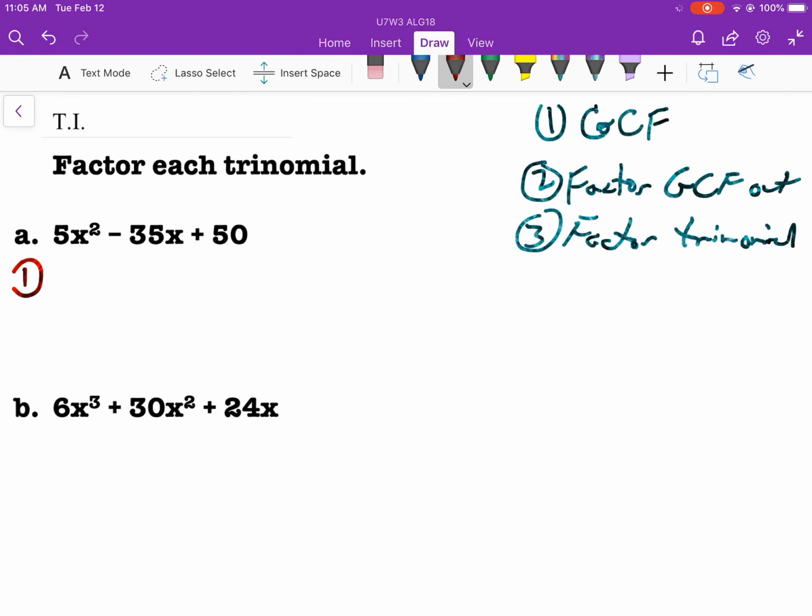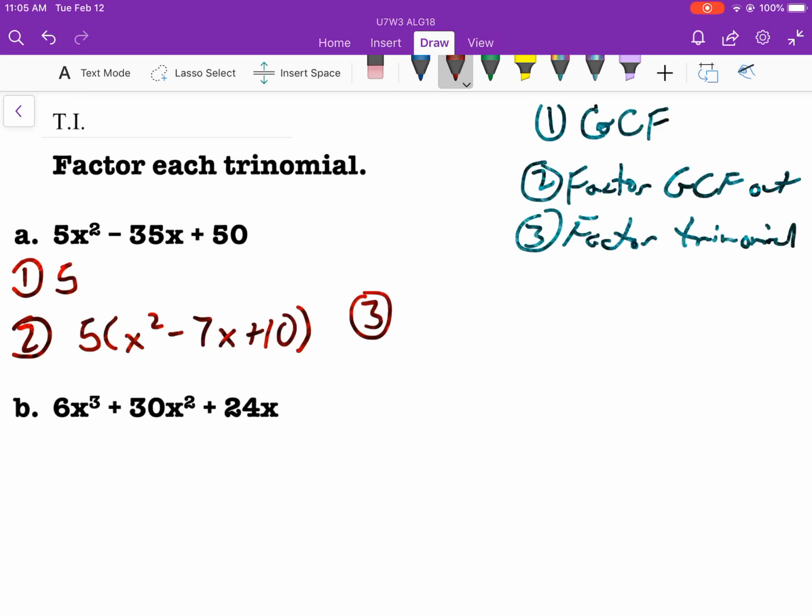The GCF is 5. Step number 2, factor the GCF out. We would have 5 times x squared minus 7x plus 10. Two numbers that multiply to 10 and add to negative 7 would be negative 5 and negative 2.